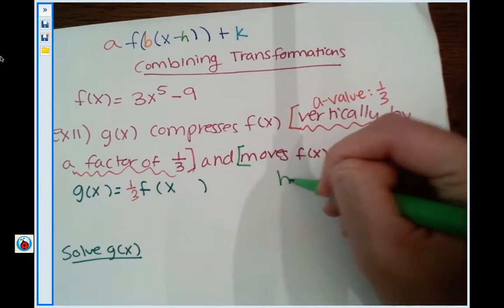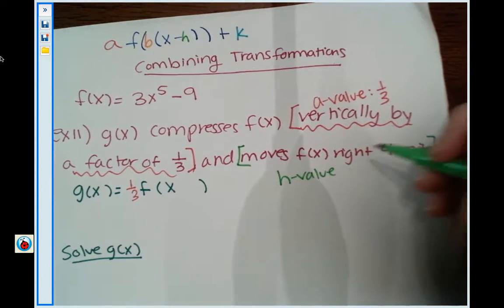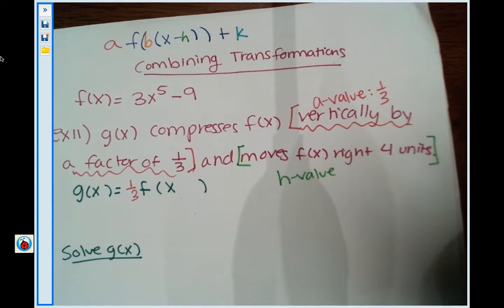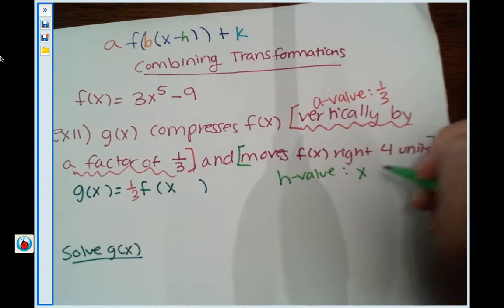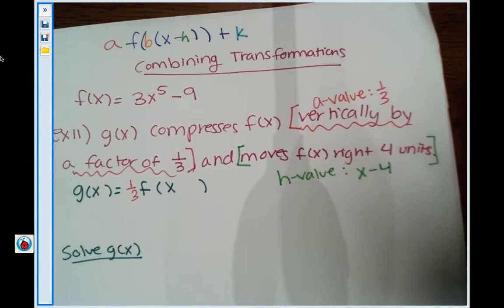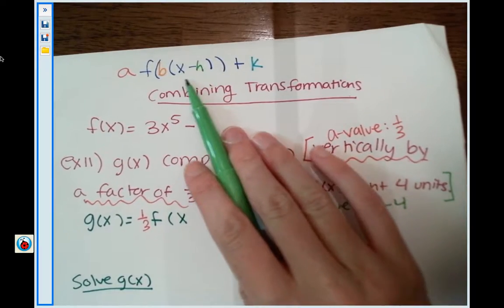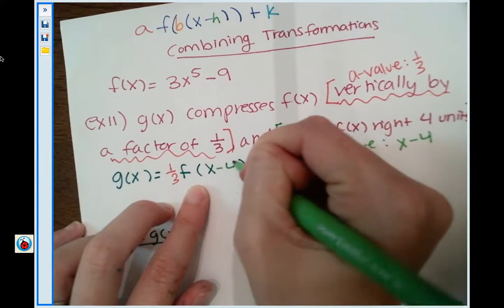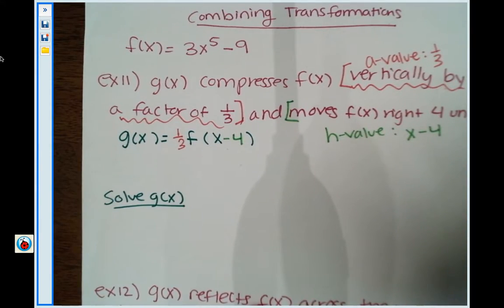And if it moves right 4 units, remember we think the opposite with the h value. So this is going to be x minus 4. Remember you guys, the x value goes inside of the parenthesis and adds or subtracts to the x. So this will be x minus 4. Alright guys, that's our equation.